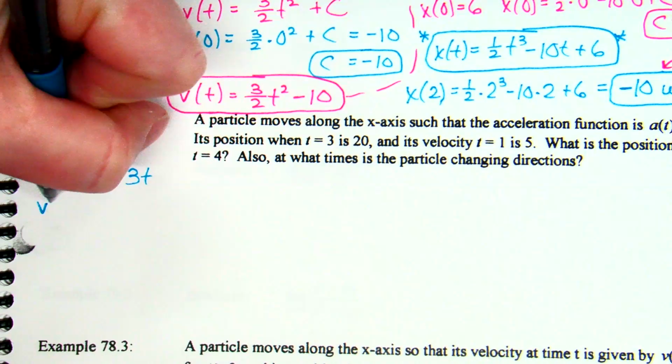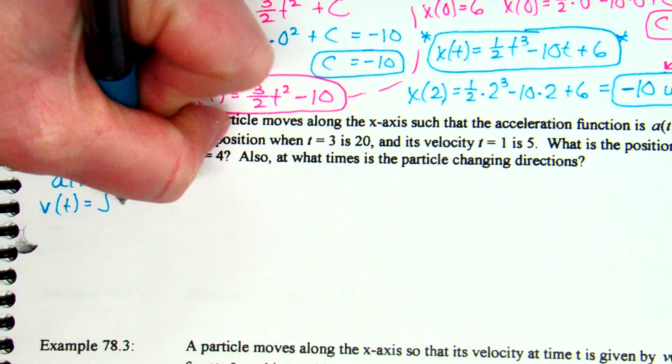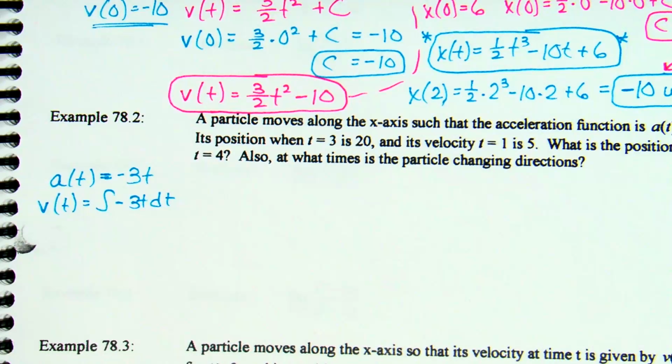So v of t, velocity, is going to be the integral of negative 3t dt. What is the integral of negative 3t?